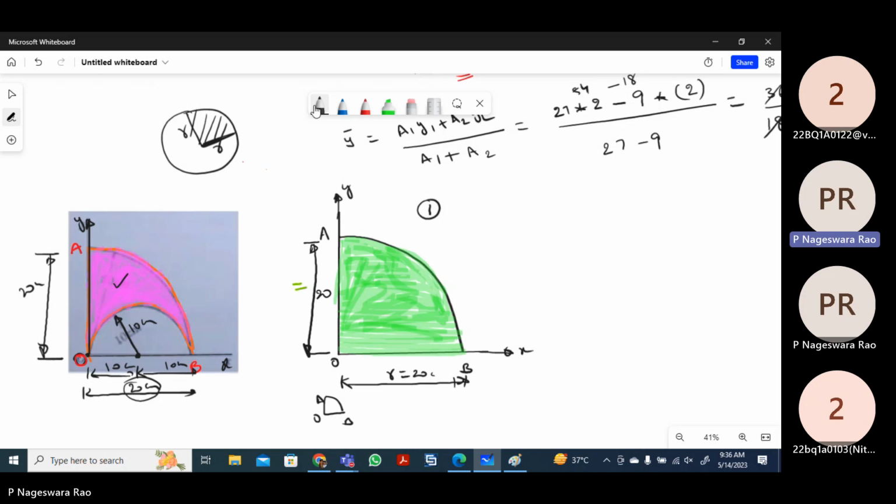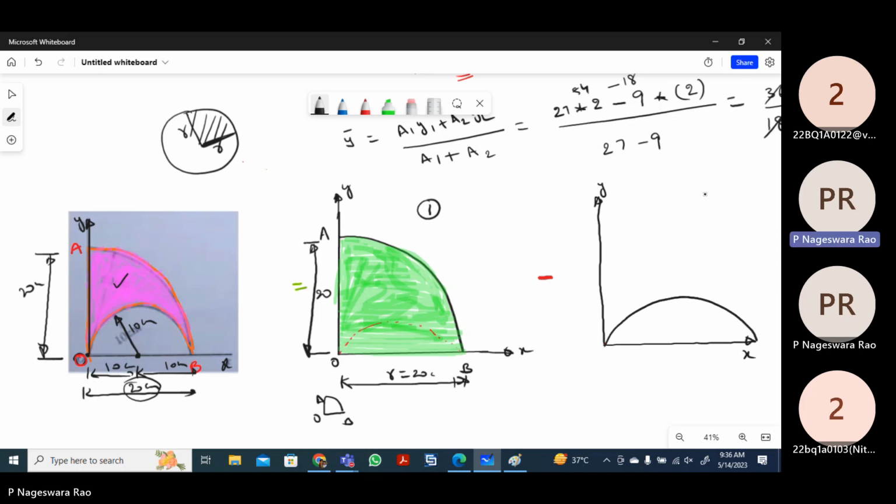So from this quarter circle, we have the semicircular shape here indirectly. I'm making a point here. That means I need to remove this semicircular area.